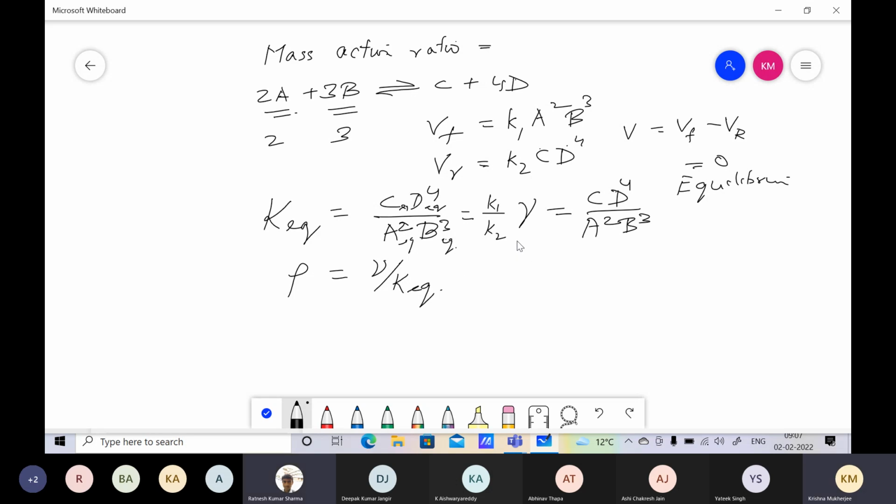Right? And from there, you can actually do some very simple kinetics and prove that the velocity of reaction will be equal to the V forward into 1 minus 1 over rho. This kind of derivation you can do, this kind of maths you can do. This is simple algebra. Okay, so this is what I was trying to do.